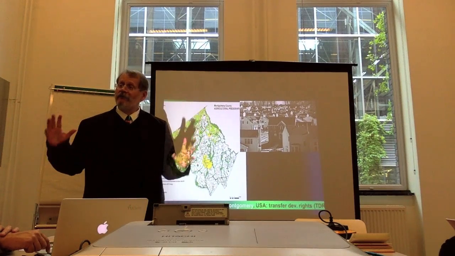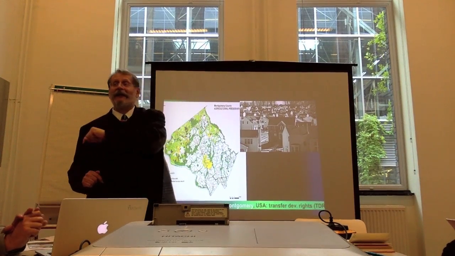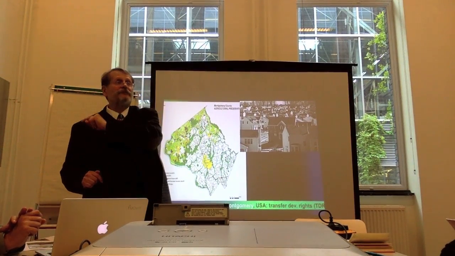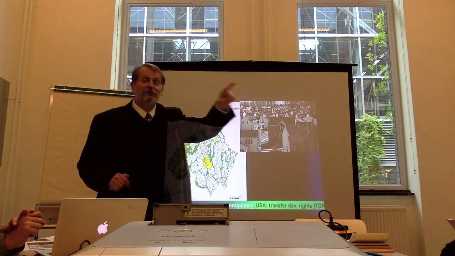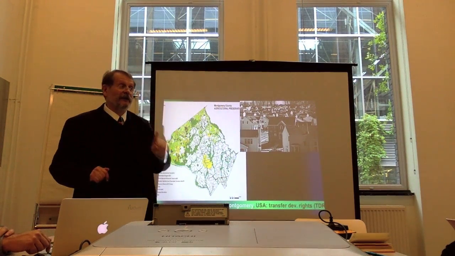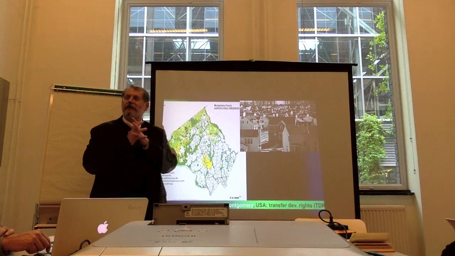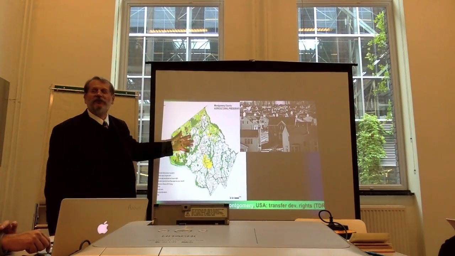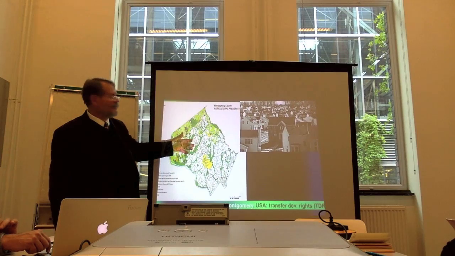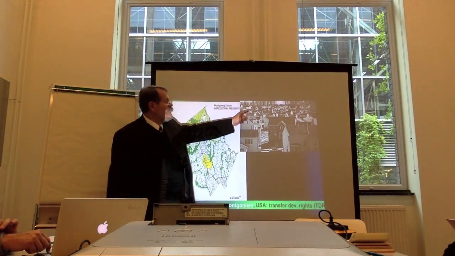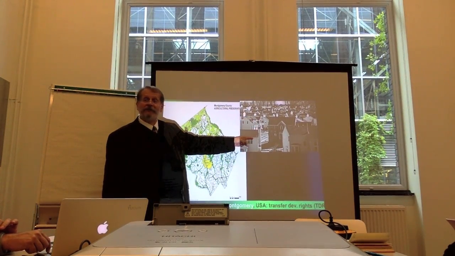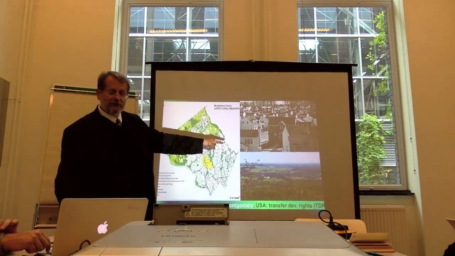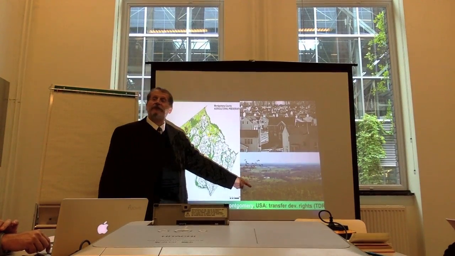Okay, the system whereby you have to buy the rights from the farmer. A very sophisticated system, started by the Americans and the French. But this is how it works. So this was authorized for half density. You want that extra density, you have to buy it from the region.